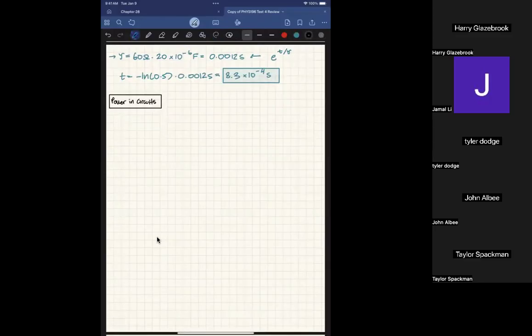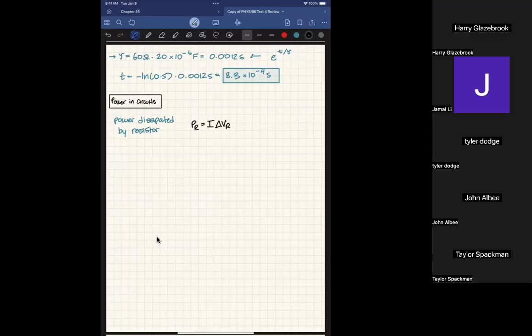And this is power in circuits. It's nothing really new. I'm just going to give you these equations. So all I'm going to say is there's a concept of the power dissipated by a resistor. And that power we note as P subscript R. And that's going to be equal to the current that flows through the resistor times the potential difference across it.